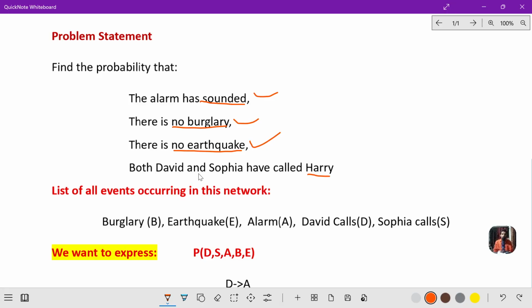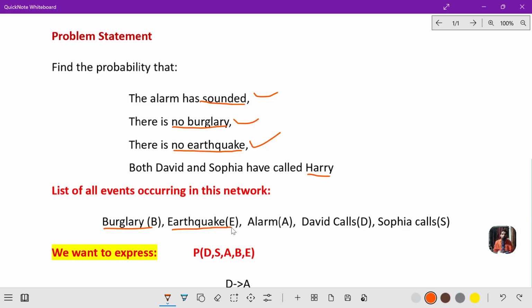Okay, so what is the goal of David and Sophia? They inform Harry when the theft is going on. So this is the probability we are going to find now. So, the list of all events occurring in this network. What is the first event? That is burglary, nothing but theft. The second one is the earthquake.